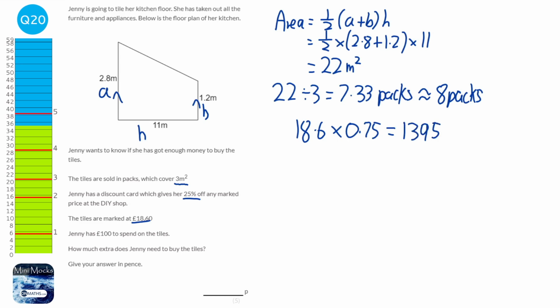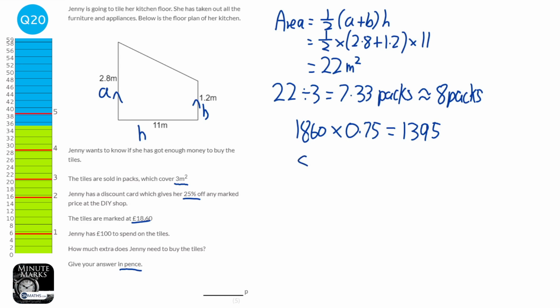Now I've done this in pence and I've kind of muddled it together here, so let's just go back. That would be 1,860 times 0.75, and so each pack will cost 1,395. The reason we're doing this in pence is the answer needs to be given in pence, so I might as well make that conversion now.